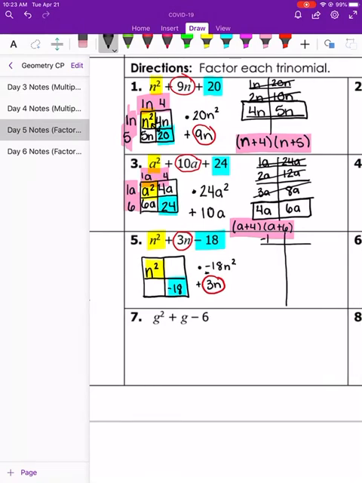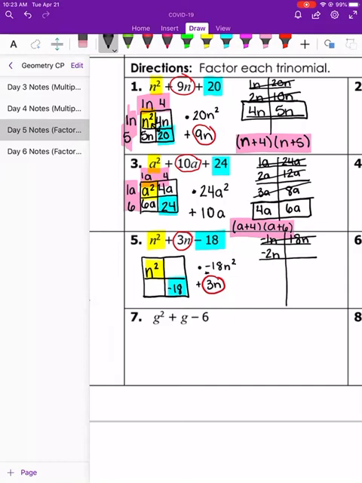So we'll start off. I know that I could have negative 1n times 18n, okay? Well, does negative 1 plus 18 add to 3n? No, okay? My next one, I know that negative 2 can go into negative 18, so let's try negative 2n.